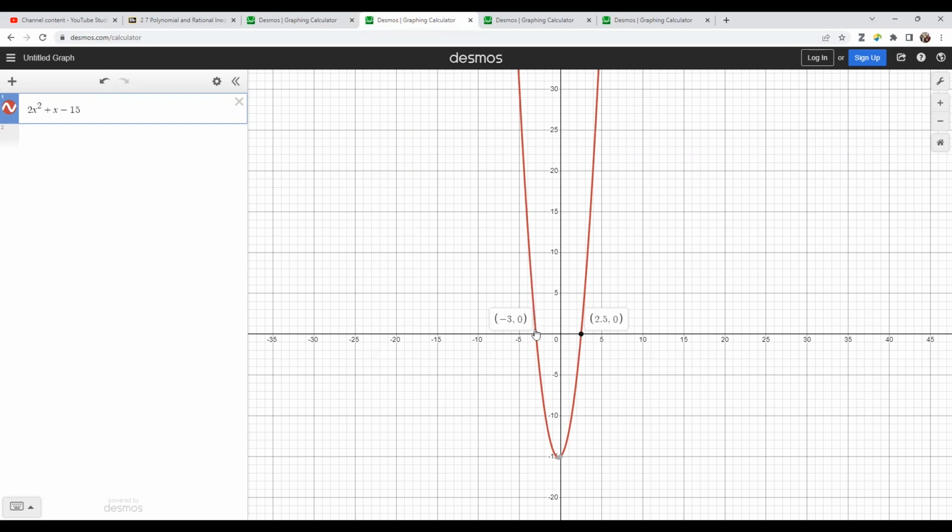Well, from negative 3 on, right? Or if you'd rather, negative infinity up to negative 3, not including that. And from 2.5 or 5 halves, not included, all the way to x equals infinity. This region down here, right, is less than 0, so it is not included.